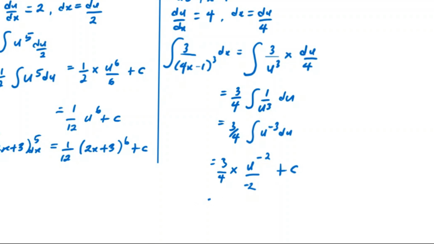So this will basically give us minus 3 divided by 8 multiplied by 1 over u raised to the power 2 plus arbitrary constant c. So your final answer will therefore be minus 3 over 8. You substitute your u back to be 4x minus 1, which will be (4x minus 1) squared, plus c. And that will be the final answer to that question.